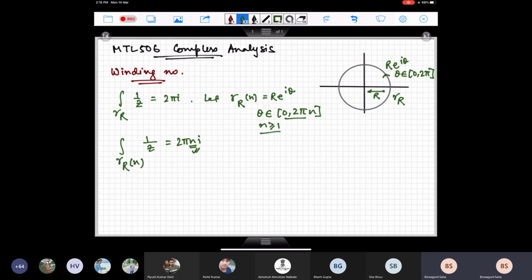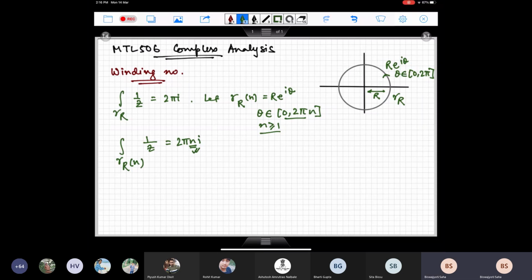Okay, so effectively what I can say here, as an English phrase, is that the path gamma r n winds around 0 n times. The simple path gamma r winds around 0 only once, and the path gamma r n is the same circle, but it's going to wind around 0 n number of times. Right? Is this clear to all of you?